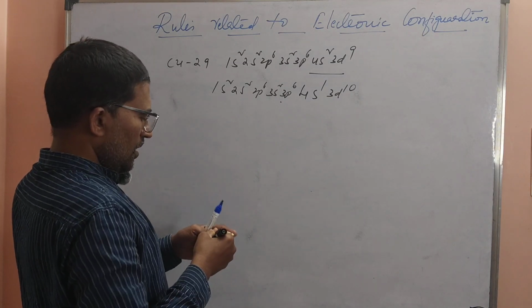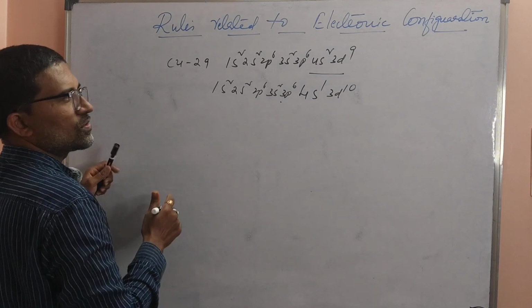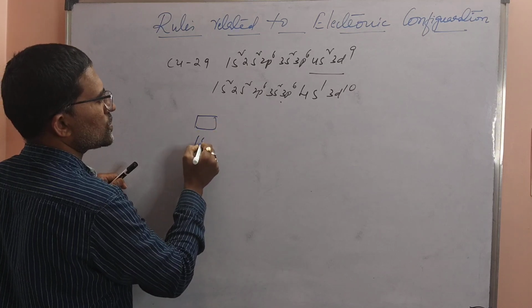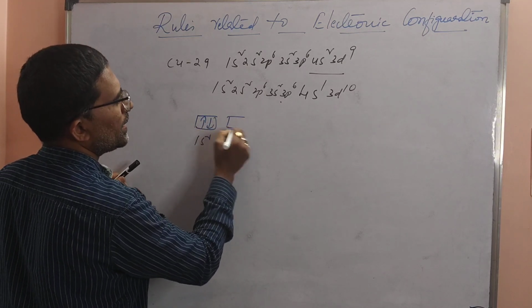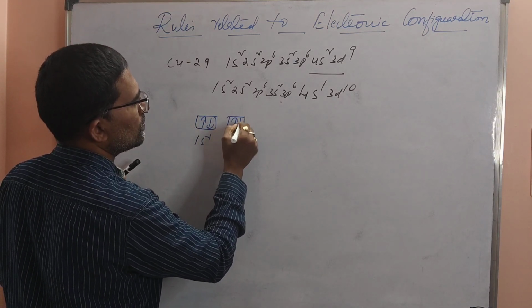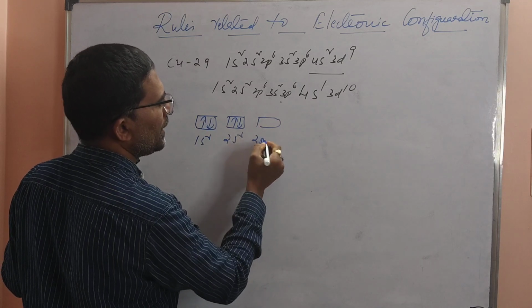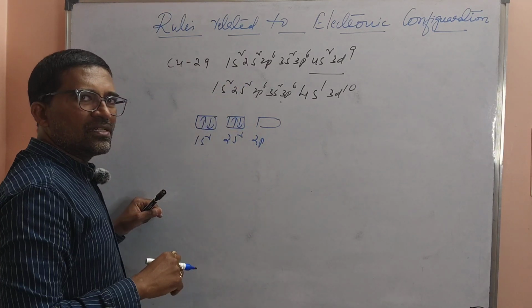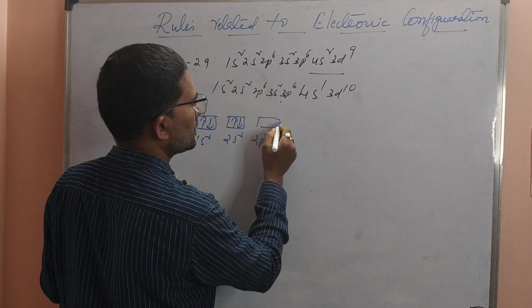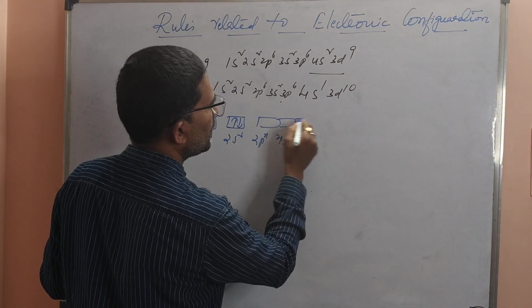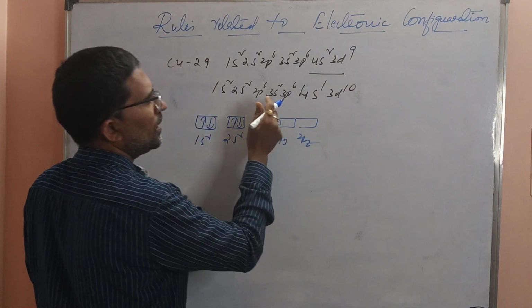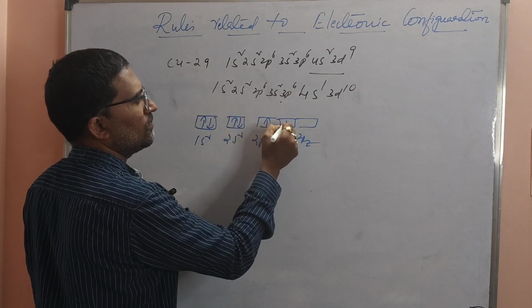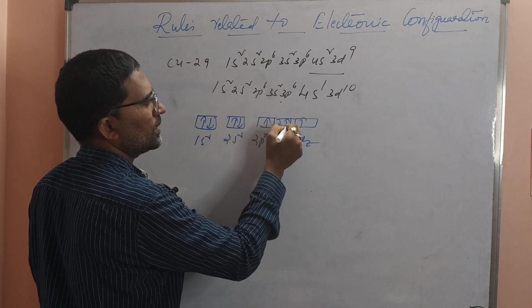Now how are the orbitals filled according to Hund's rule? We have 1s2, then 2s2 and 2p6. In 2p we have 3 degenerate orbitals, 2px, 2py, and 2pz. Out of 6 electrons, first 1, 1, 1, then only the pairs.